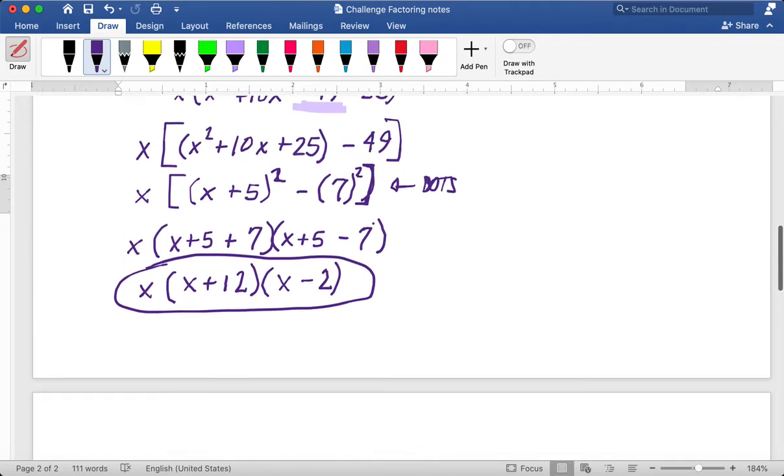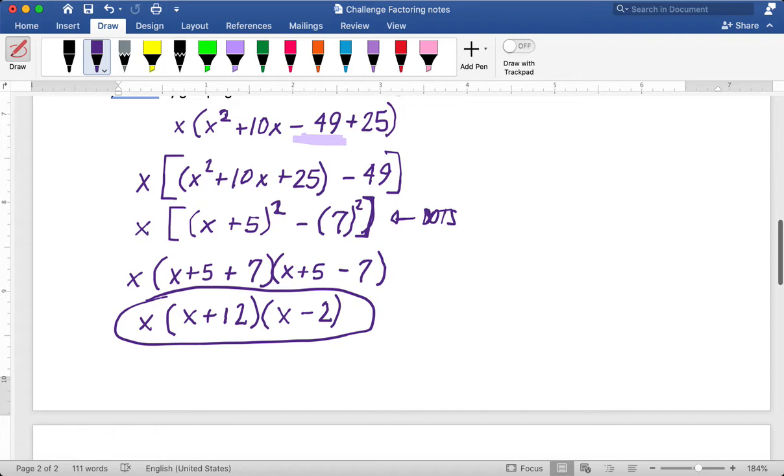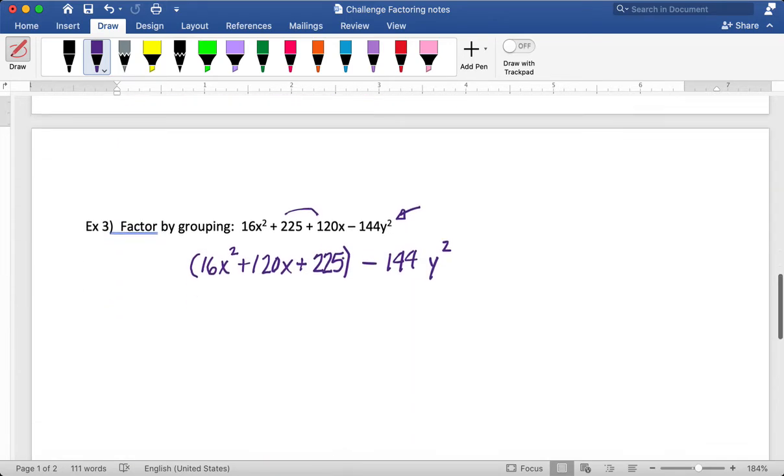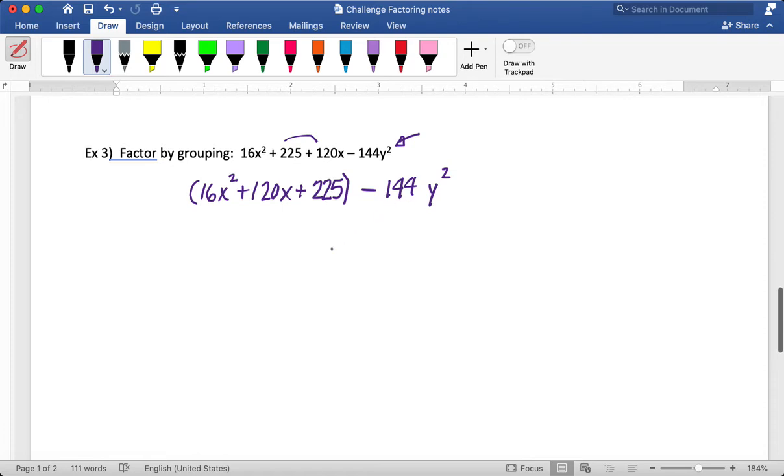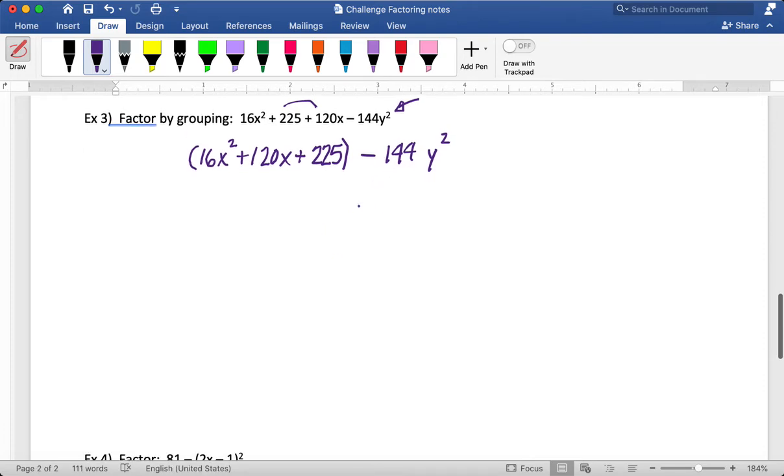I'm still going to do the same thing that I did up here. I have to trick this polynomial. Like here I tricked the 49 to become 7 inside a parenthesis with a squaring on the outside. I'm going to trick this too. You know, what squared would be 144y squared? Well, that would be 12y. You just take the square root of it and move the squaring on the outside.